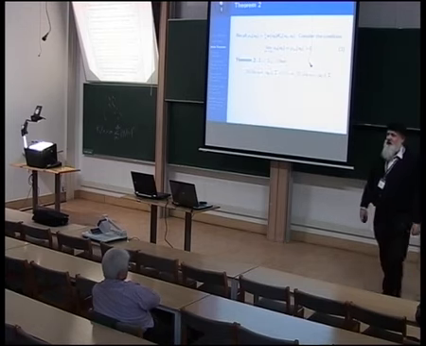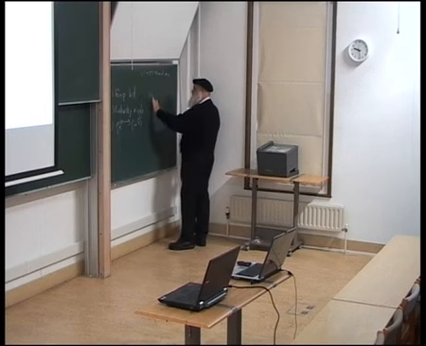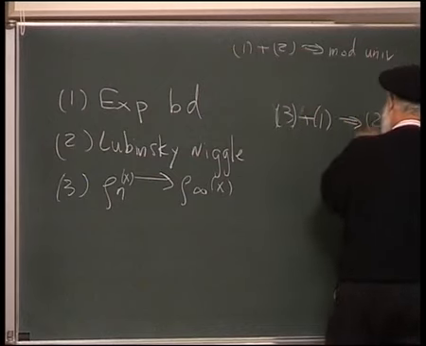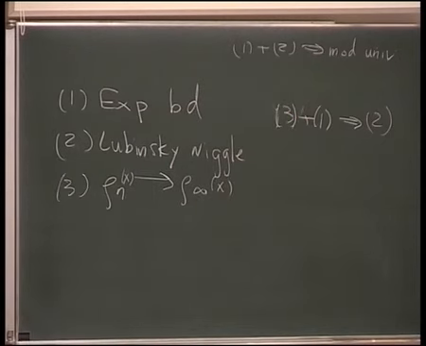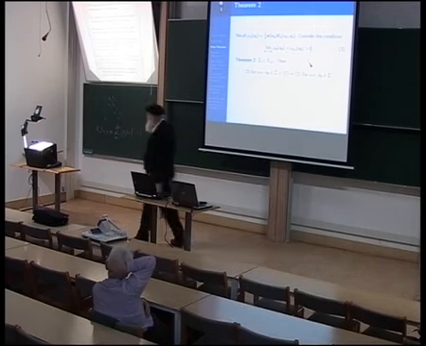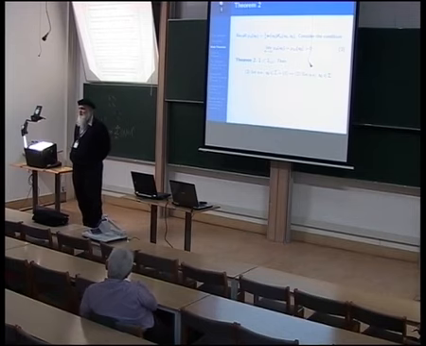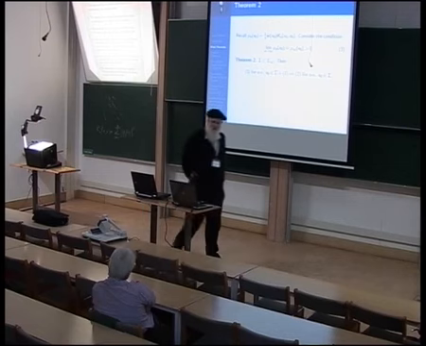And theorem 2 says if I have a set of positive Lebesgue measure inside the absolutely continuous spectrum, and I have 3 plus 1, then 2 holds. So in Lubinsky's paper, one of his problems was that he has this wonderful set of conditions, this wiggle condition, and then he says, unfortunately, I don't know how to prove the wiggle condition except in cases where my other method lets you prove universality.